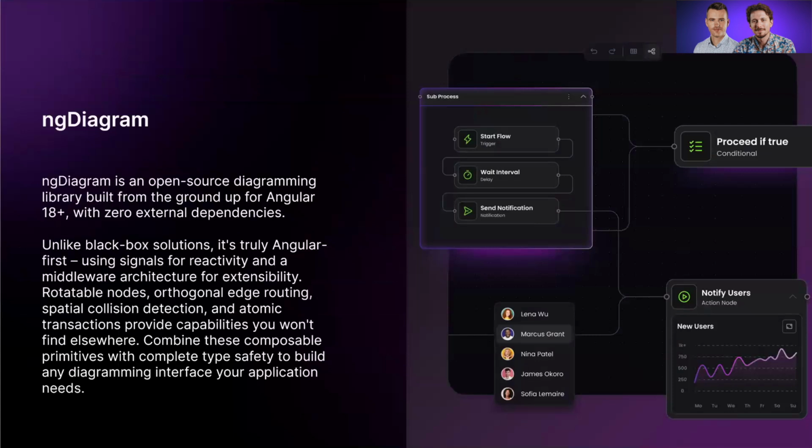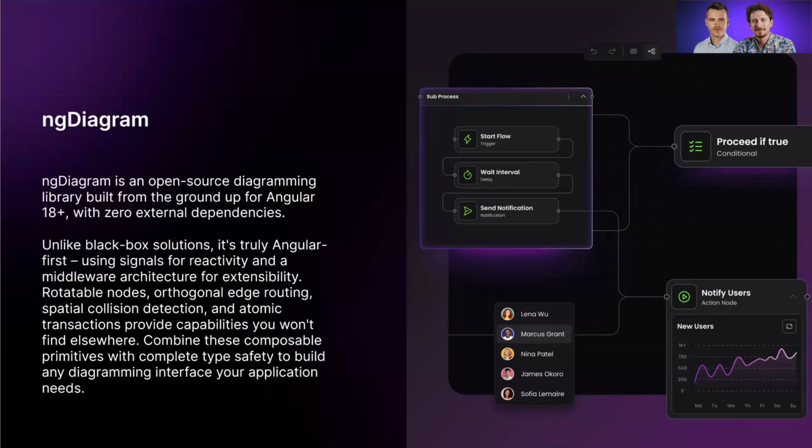All right, so there is also NGDiagram. I have it also here on my back because it is our library. Since there is GoJS, which is a very broad diagramming library for any kind of framework because it was written just in JS, and React Flow is just for React, we decided that since we are so good at diagramming, and in Angular there is no such library as React Flow, let's create such a library, but let's make it better.